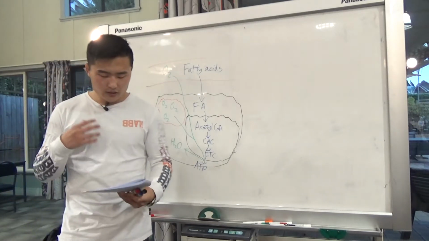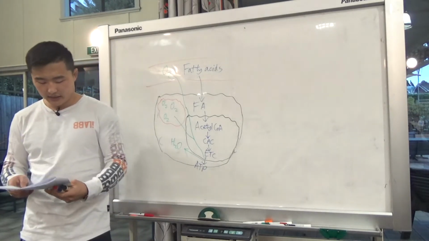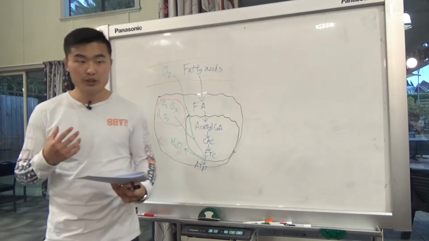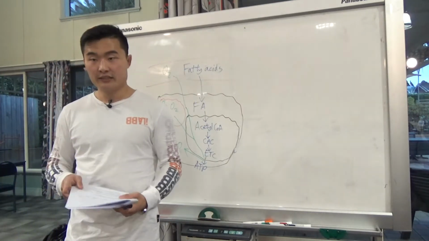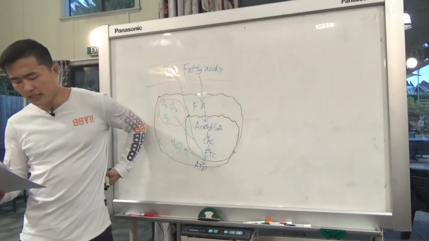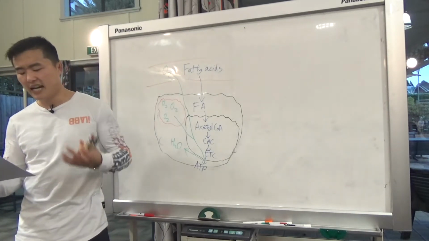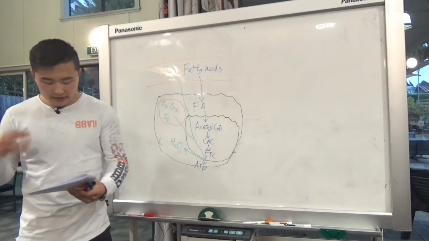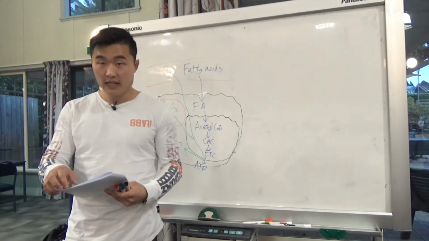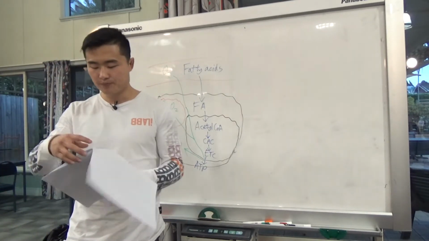So the complications of obesity: the risk of type 2 diabetes increases dramatically, and you're also going to have an increased risk of heart attacks, and an increased risk of hypertension or high blood pressure.